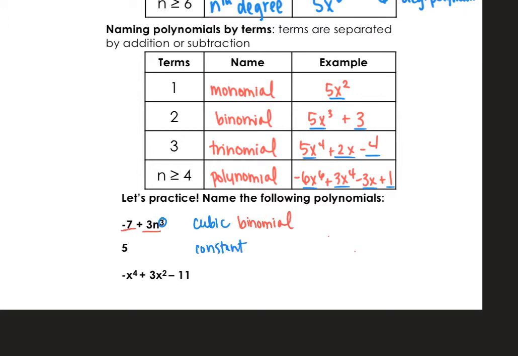And since there's only one term, it would be a constant monomial. For the next one, the highest degree exponent is the fourth power, which would make it a quartic. And in terms of number of terms, we have 1, 2, 3, so it would be a quartic trinomial.